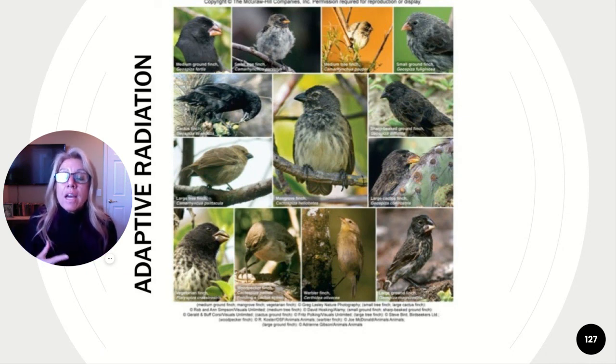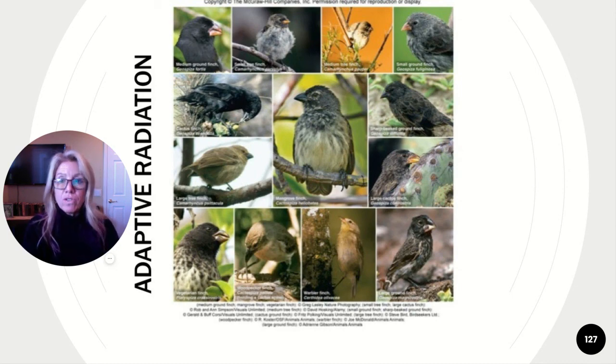Why can they do that? Because they have mutations within their species that some had larger beaks that could handle the larger seeds and some smaller beaks, and some could even use a tool to get insects out of the tree. So adaptive radiation is a single ancestral species giving rise to a variety of new species.